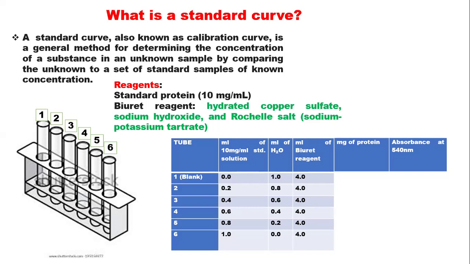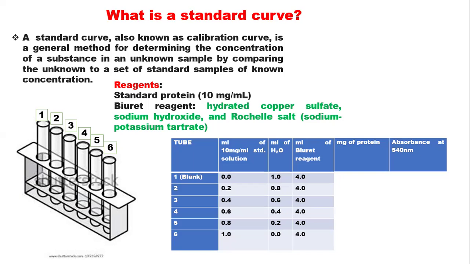So in tube 1, you add 0 ml of your standard protein, but you add 1 ml of water and 4 ml of biuret reagent. That will be a total of 5 ml.